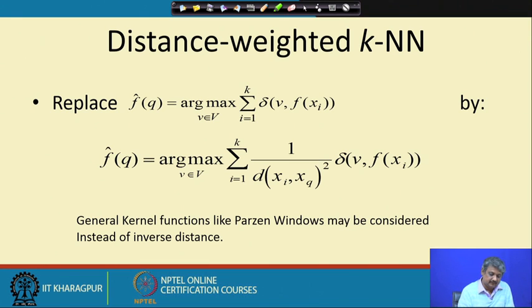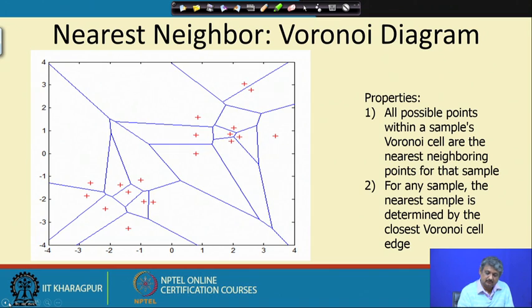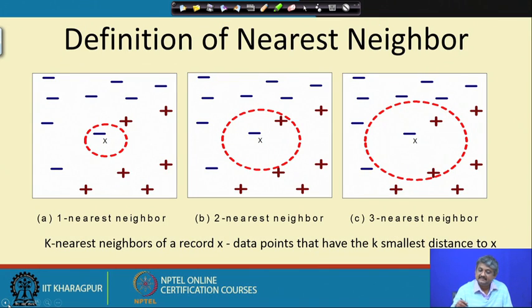In fact, what I can do is that not just weighted by the distance, not just inverse distance, I can use a general weighting function, called a kernel function.